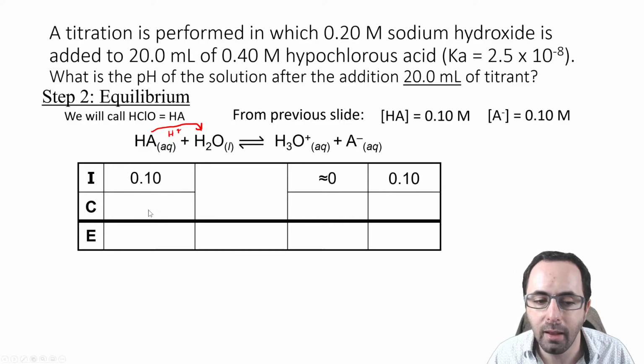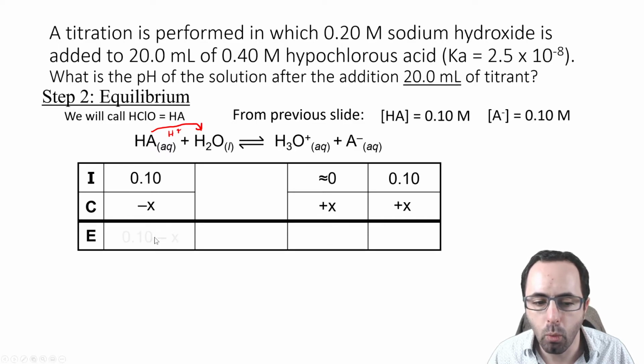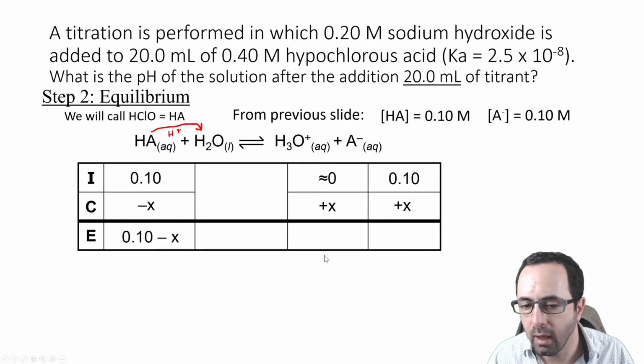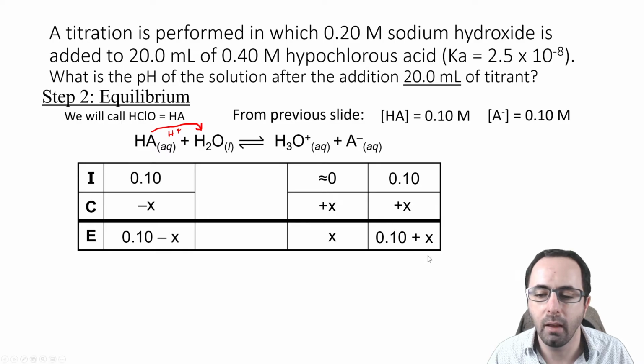So we're going to do minus X here, plus X here, and plus X here. So our equilibrium amount of the weak acid is 0.1 minus X. For the hydronium, it is X. And for the A-, it is 0.1 plus X.